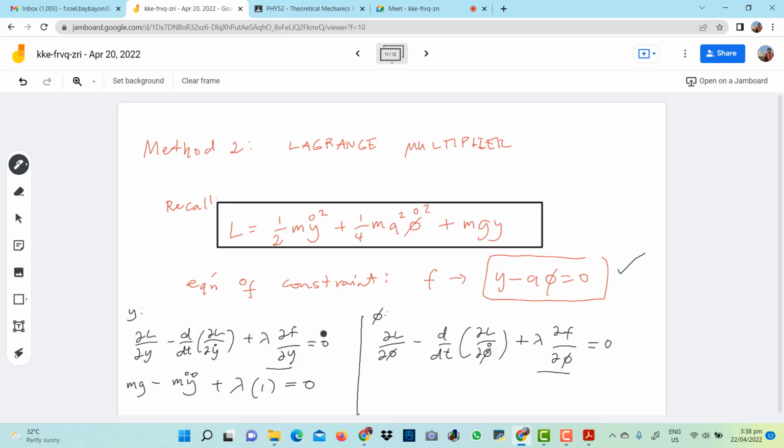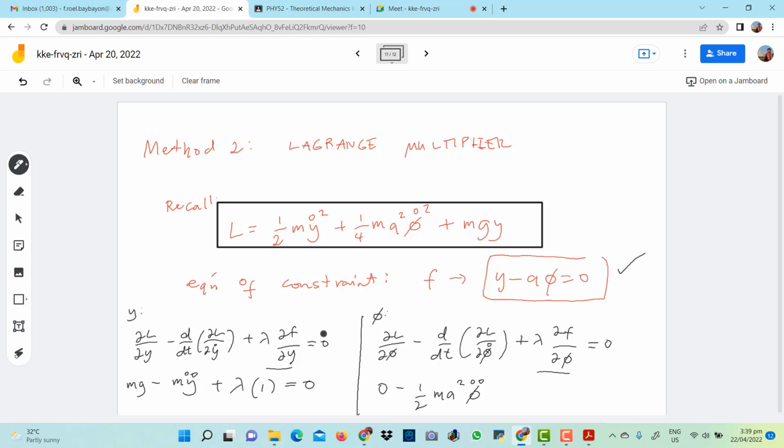Okay? Next, if I derive partial L with respect to phi, this is 0, right? Because your L is not a function of phi. You don't see any phi as a function there. Okay? So minus, if I derive the phi dot term, what will you get? I have 2 times 1/4, that's 1 half. So I have 1 half m a square phi double dot.